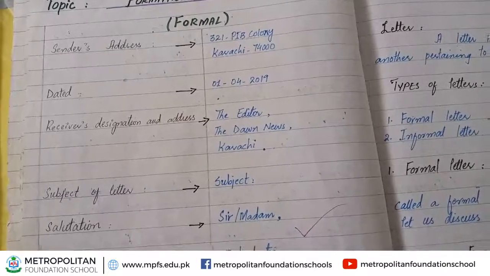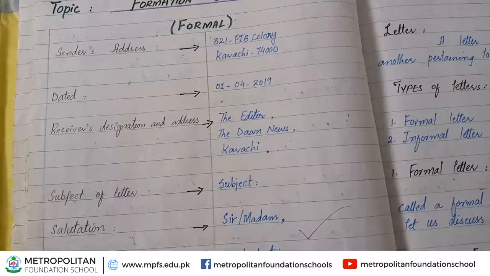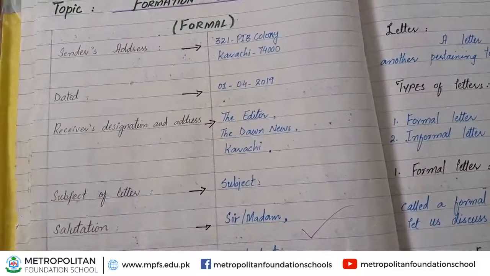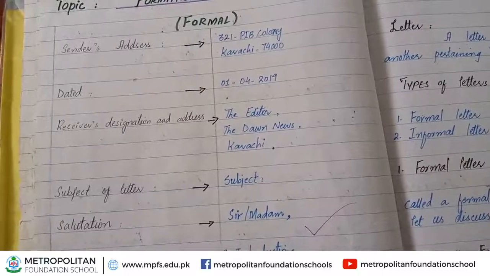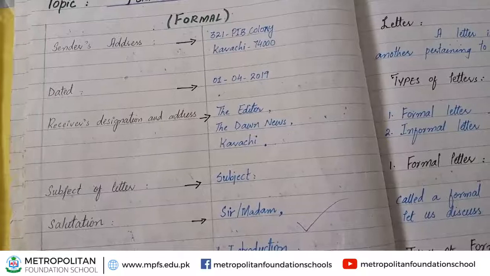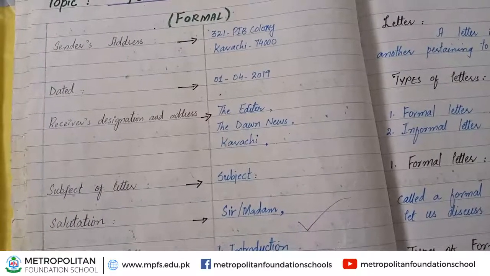Then after, you will write the receiver's designation and address, and that should include designation, department and name of company where applicable.